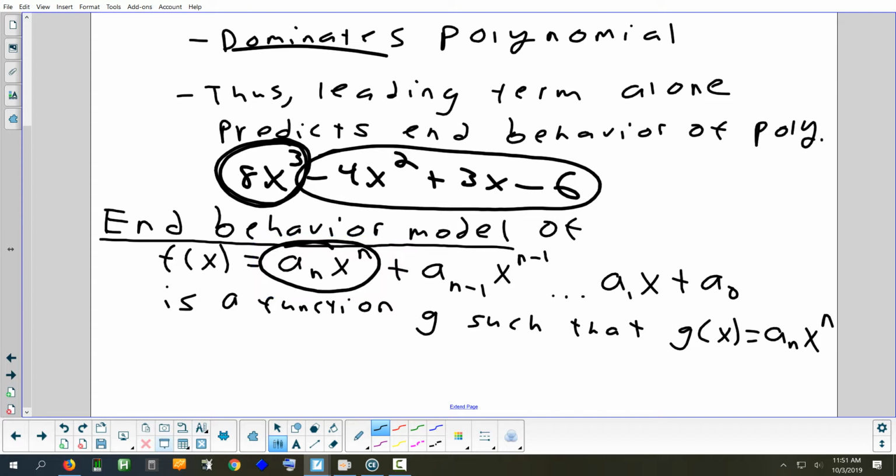So we're going to start out with one where I'll give you the end behavior model, and I just want you to graph that and then the whole thing and see how similar or not they look.